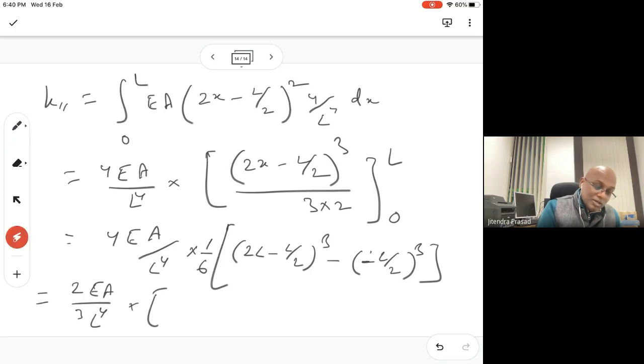For 3L over 2 cubed, how much do you get? 3 cubed is 27, right? So you get 27L cube over 8. You guys are with me?